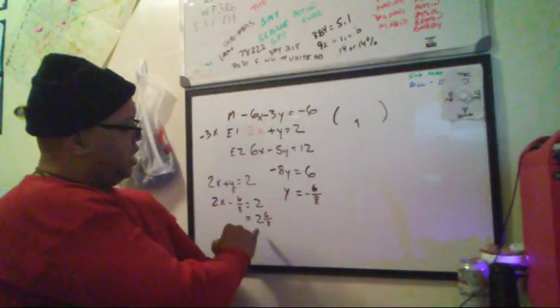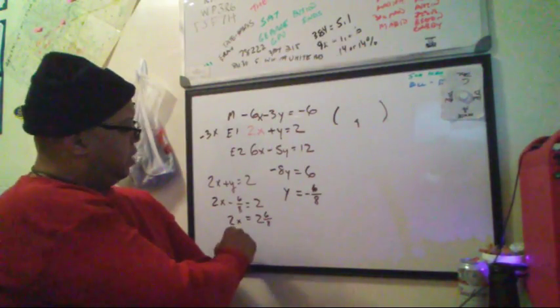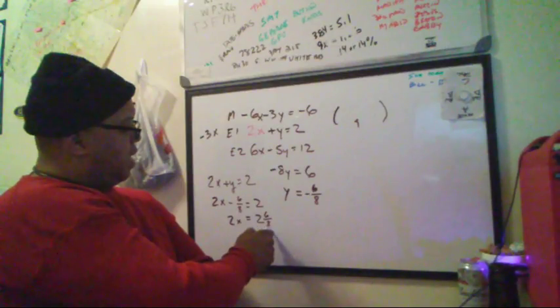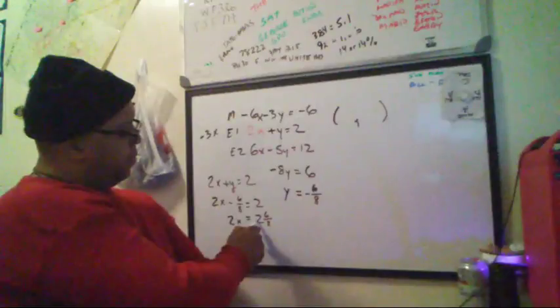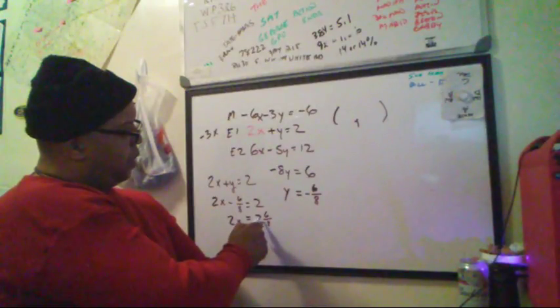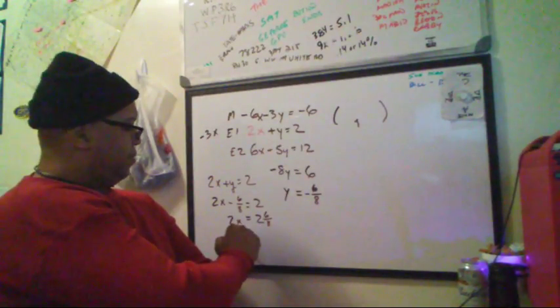Now 16, 2x. All right. Now I'm going to see if I can't manipulate this. So 8 times 2 is 16 plus 6 is 22. All right. So 22 over 8.